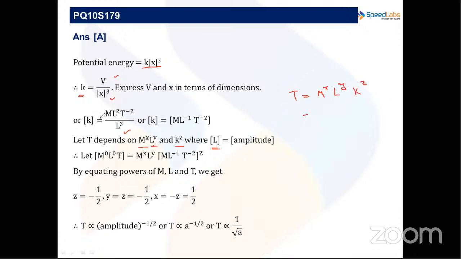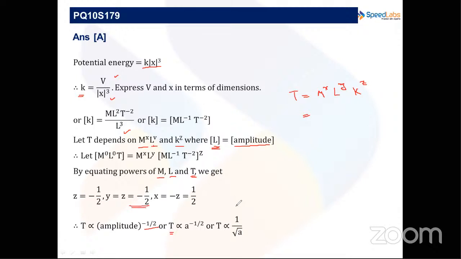Now k का डायमेंशन डाल के, टोटल एम एल टी करके दे दिया m का डायमेंशन as 0, l का डायमेंशन as 0 and time का डायमेंशन equals to 1. So they got the value and eventually they got that t is proportional to a raised to power, l is amplitude, amplitude.